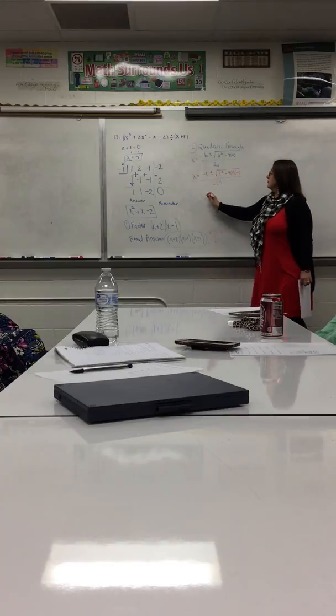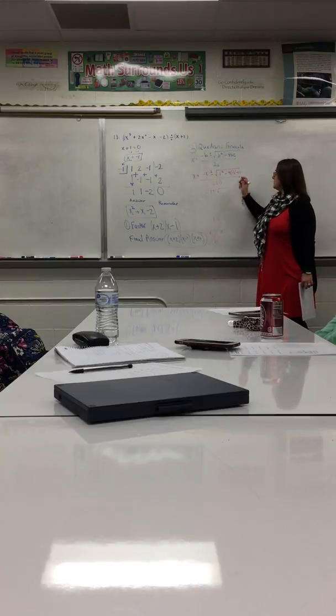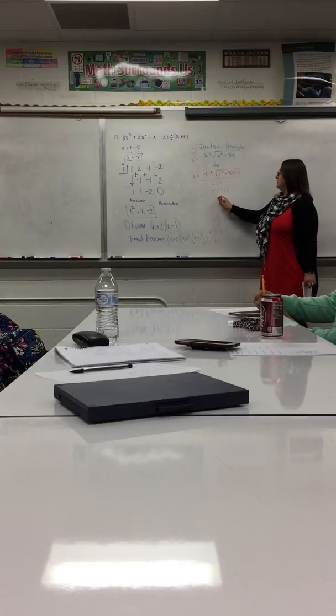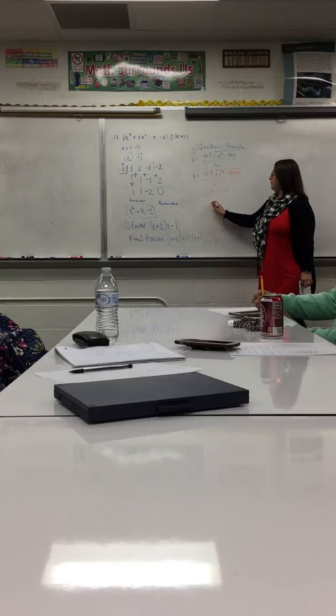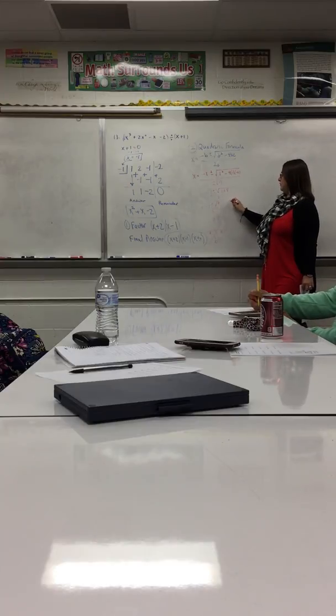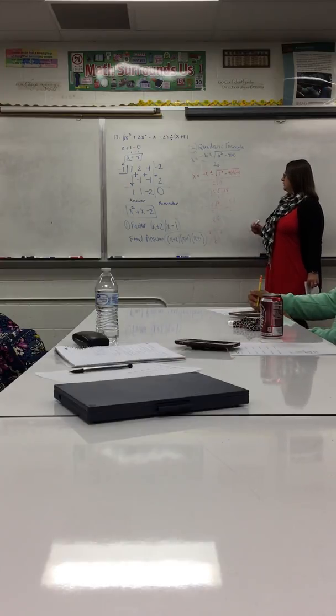But on this one, we simplify negative 1 plus and minus 1 squared is 1. Negative 4 times 1 times negative 2 is 8, over 2. We get negative 1 plus and minus the square root of 9. What is the square root of 9? 3. So we have negative 1 plus and minus 3 over 2.